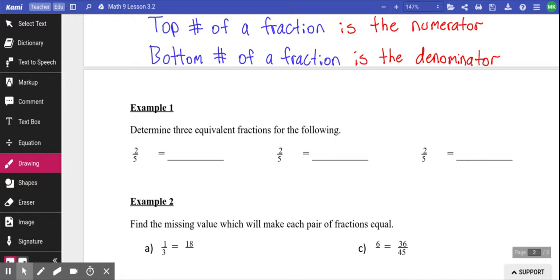So for instance, I could change 2 over 5 by multiplying the top by 2 and multiplying the bottom by 2. This would create the number 4 on the top, 10 on the bottom. And that would be an equivalent fraction. If you wanted, you could just write it as 4 over 10, a little smaller.